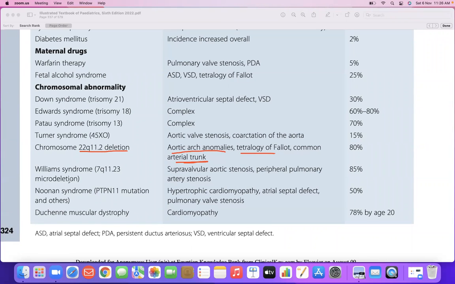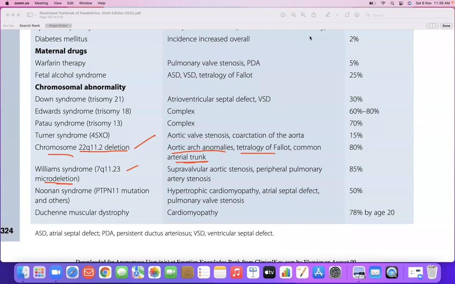And then again, I told you microdeletion, I remember Williams syndrome. So DiGeorge and Williams are the examples of deletion here. 22q11.2 deletion is DiGeorge, and Williams is 7q11.23 deletion.